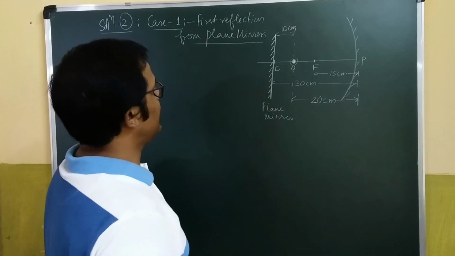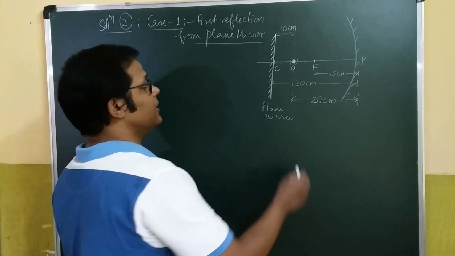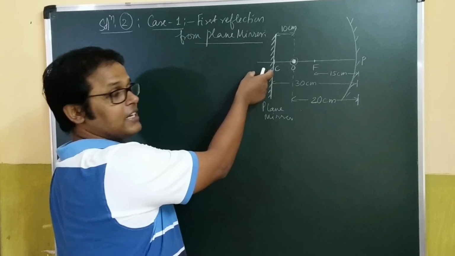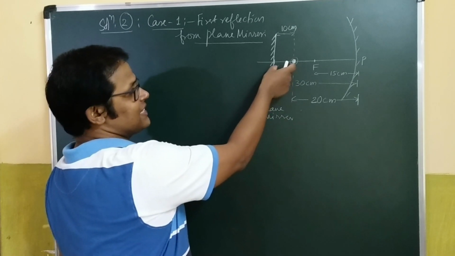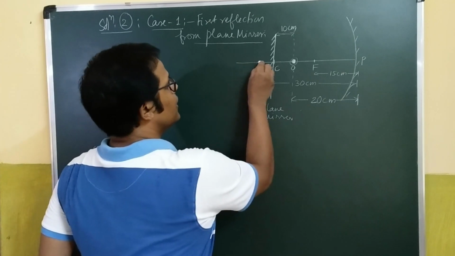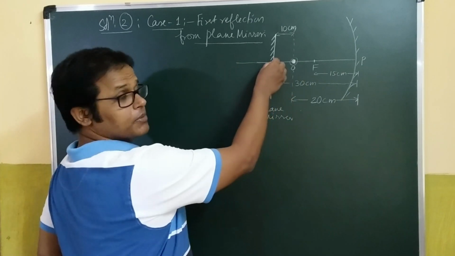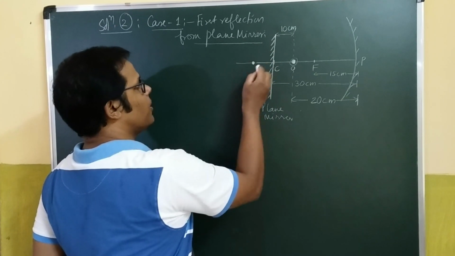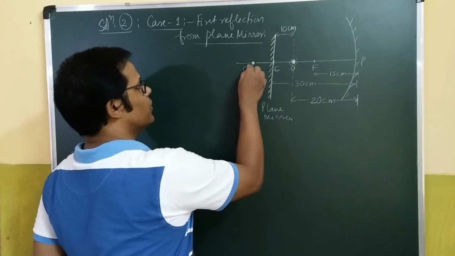So if this is the case, we know from the plane mirror's properties, the object distance and the image distance will be exactly the same. The object is 10 centimeters away from the plane mirror. So if the first reflection is taking place from the plane mirror, the image in the plane mirror should be formed somewhere here. Let us call it O dash.